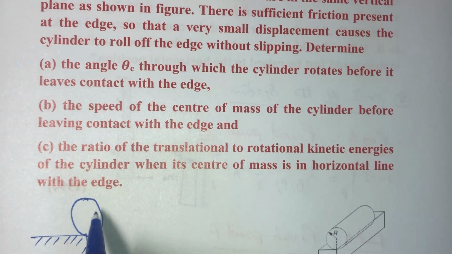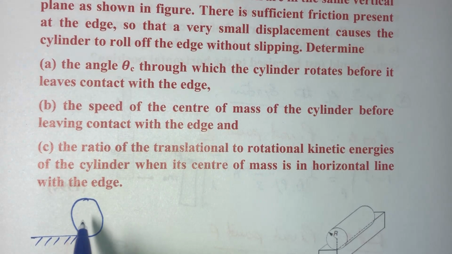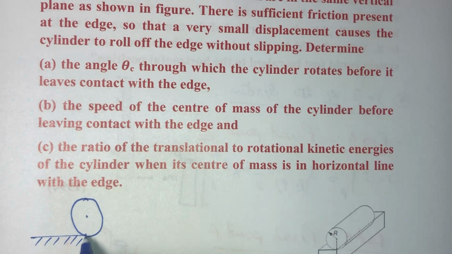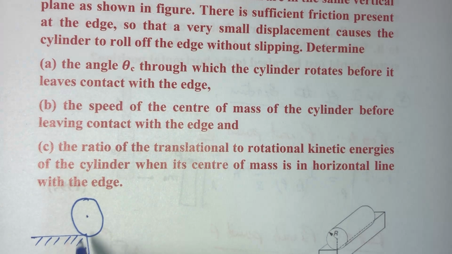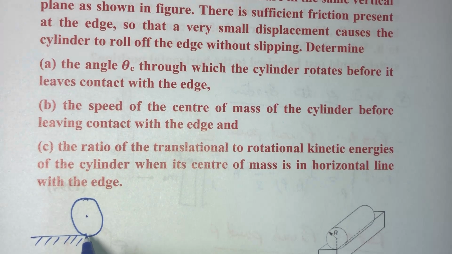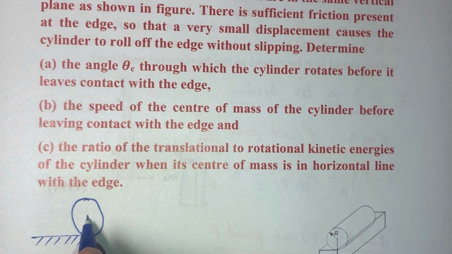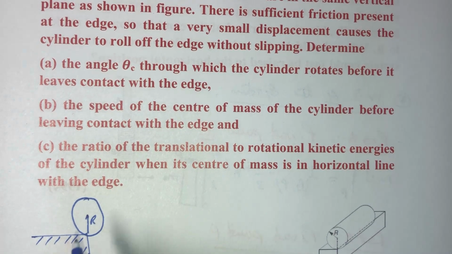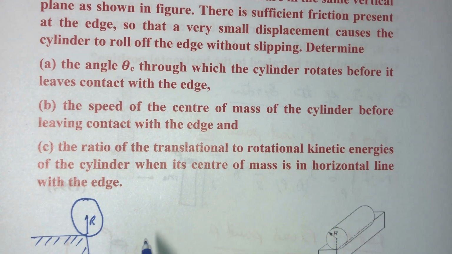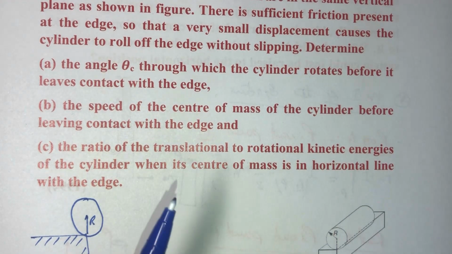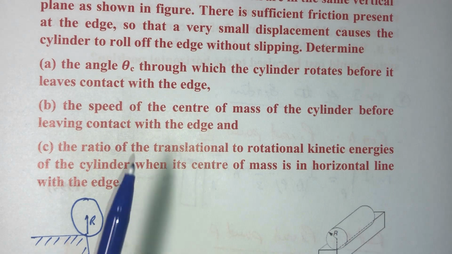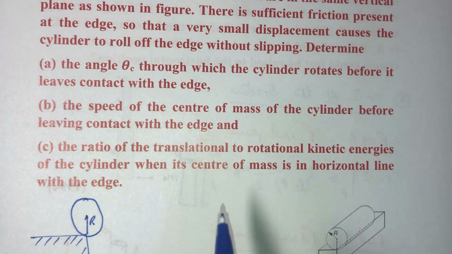So this is a cylinder, and at this particular moment the weight mg is directly at the edge of the block. So this is our r, and then it says that it rolls over this edge, and we have to find out this angle theta c.